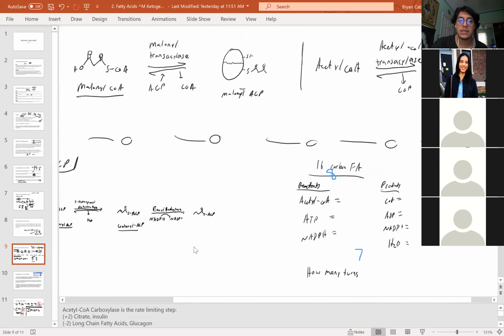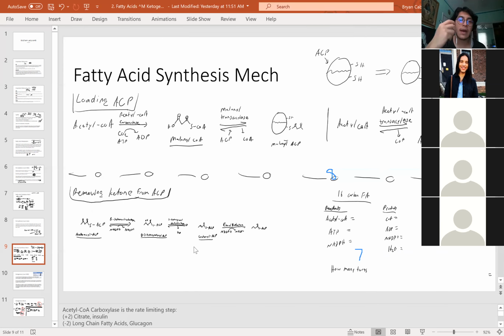We talked about how we need to add our malonyl CoA to the ACP. The way we do that is by taking an acetyl CoA and adding a carboxylic acid group to it. That doesn't happen spontaneously, so it takes an ATP.